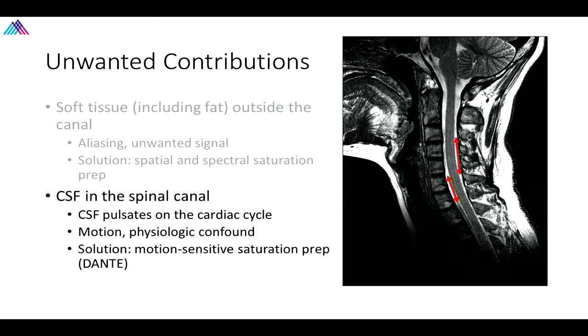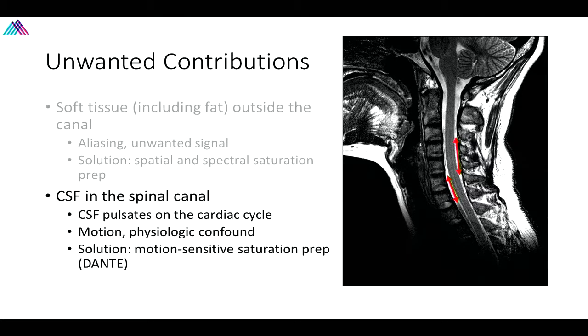So this CSF presents two problems. Because it's moving, it can alias, and also because it's moving right next to the spinal cord, it can actually push the spinal cord around slightly and cause small motions. So both of these are nuisance signals that we need to deal with.